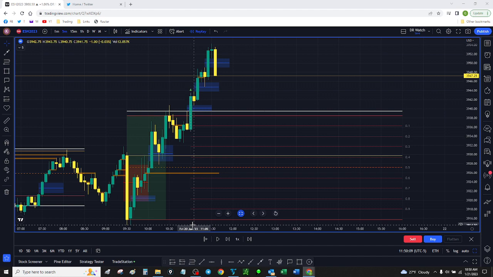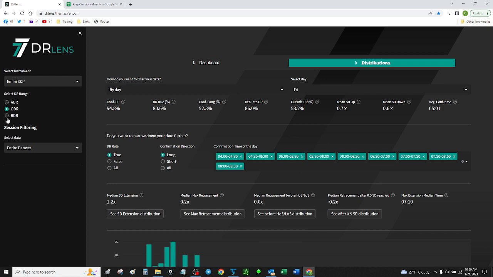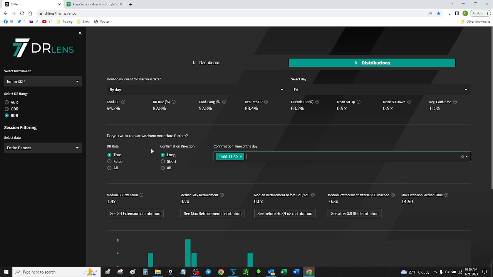This confirmation happened at 11 o'clock. So we take the DR Lens database, filter it to the New York session by day on Friday, and filter by 11 o'clock. My confirmation happened between 11 and 11:30.